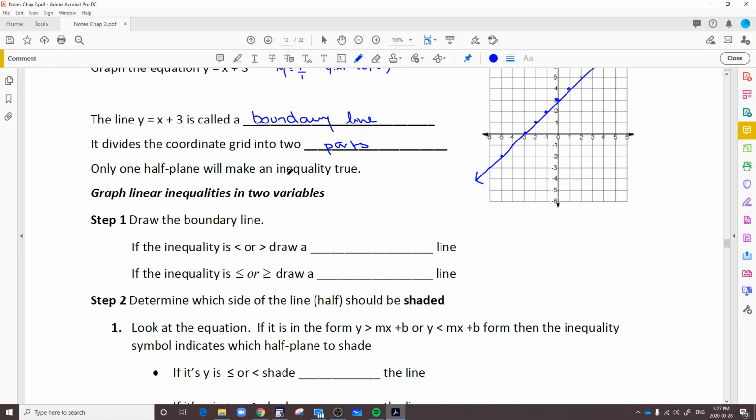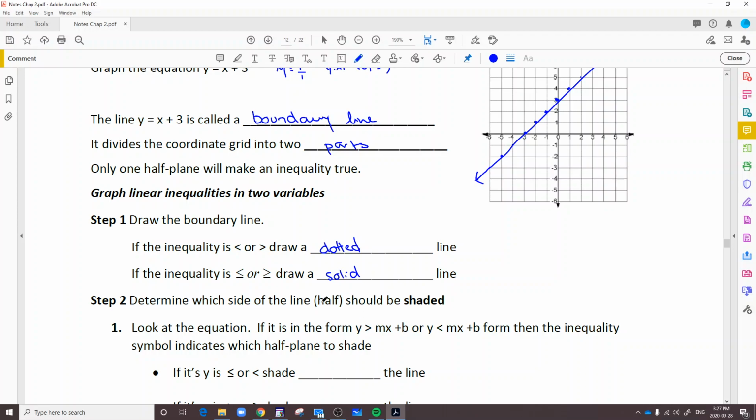In other words, for this one, if it was just less than, the points that are on this line wouldn't make the equation true because they'd make it equal. So only if it's equal to do you draw a solid line, like what we did up here. And if it's not equal to, the way that we show that the points on the line are not solutions to the problem is that we draw a dashed or a dotted line.